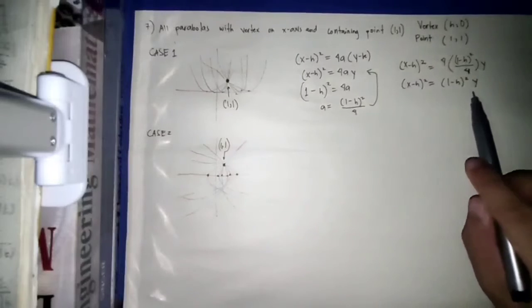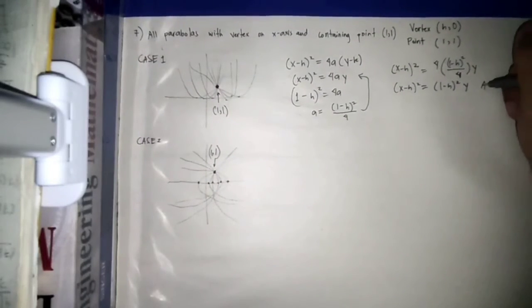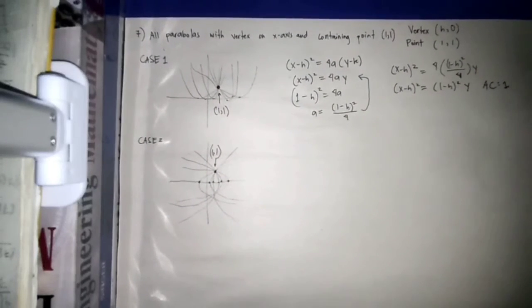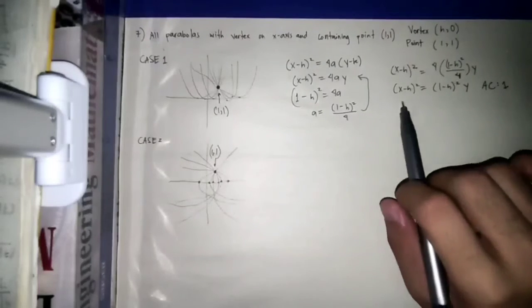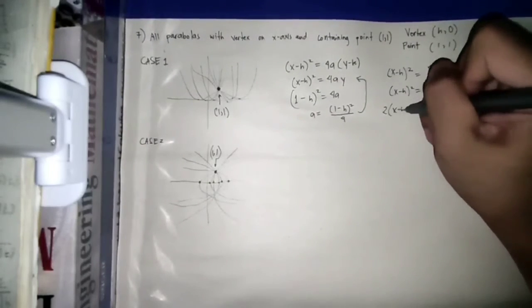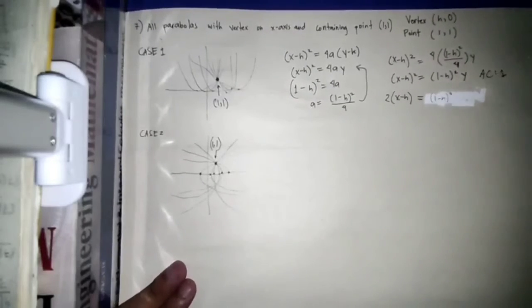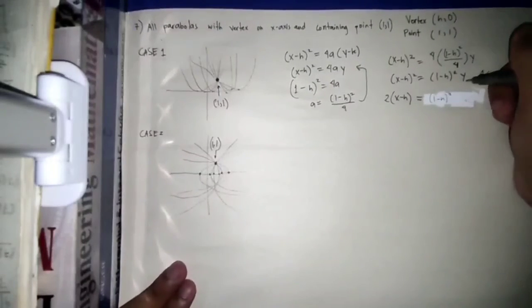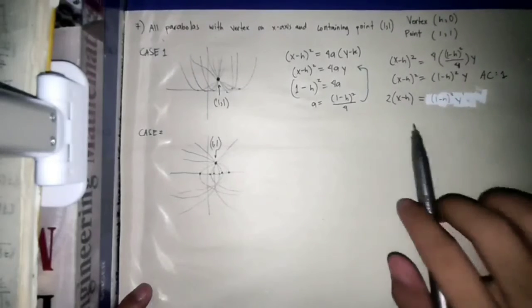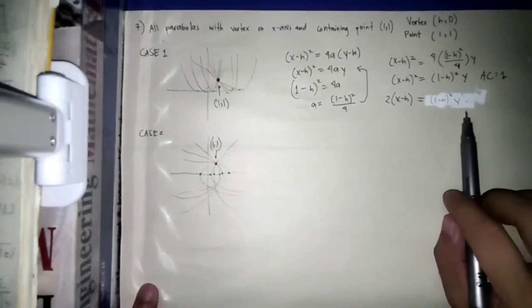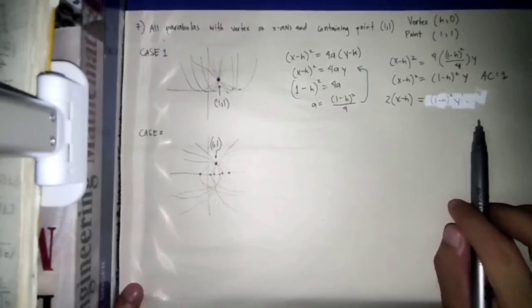Now for this equation, we only have one arbitrary constant, so let's find the derivative. The derivative of this is 1 minus h squared, and the derivative of y is y prime. By inspecting this equation, I doubt that you can factor out h.